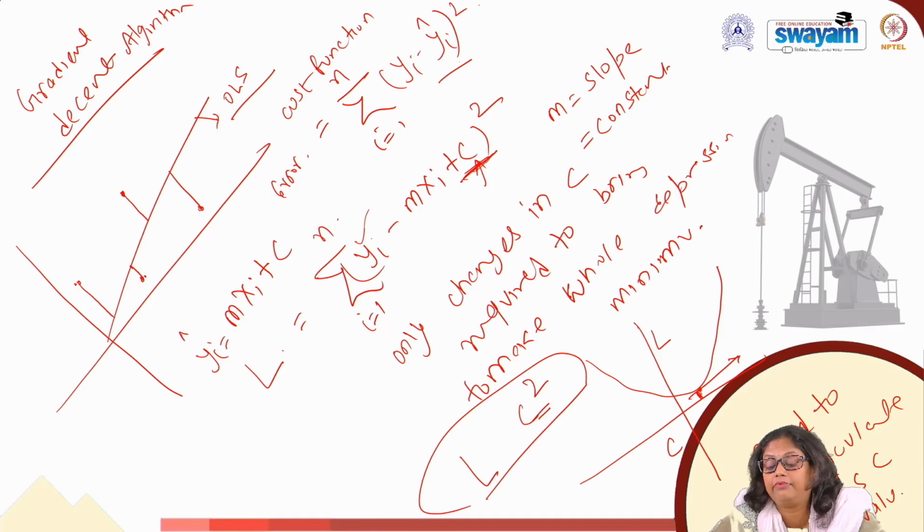How this c value will be calculated is the whole discussion here. I am going to calculate this c value through an iterative way.